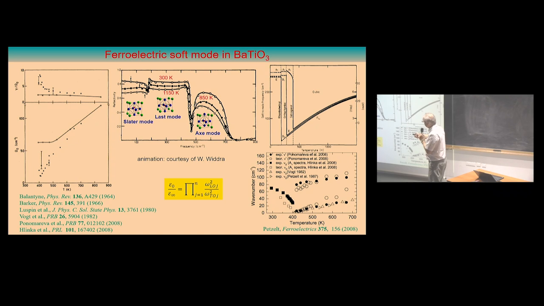So finally, when this phonon is frozen, you have displacement of titanium along c-axis. Second mode shows displacement of the whole oxygen cage against barium atoms, and the highest frequency phonon describes just the deformation of the oxygen cage. Each phonon contributes to permittivity, but the highest contribution is from Slater mode.